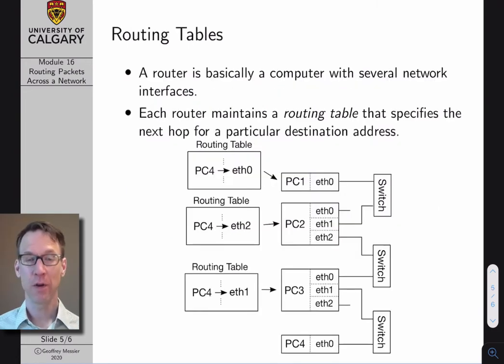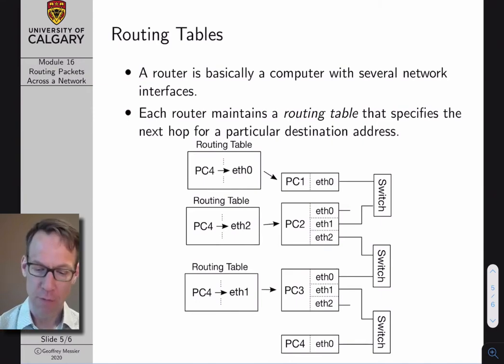And so to kickstart our discussion of the routing layer, what I want to do now is introduce the concept of a routing table. And also just, exactly what are these router nodes that we're sort of talking about, these intermediate nodes. A router is basically just a special purpose computer with several network interfaces.